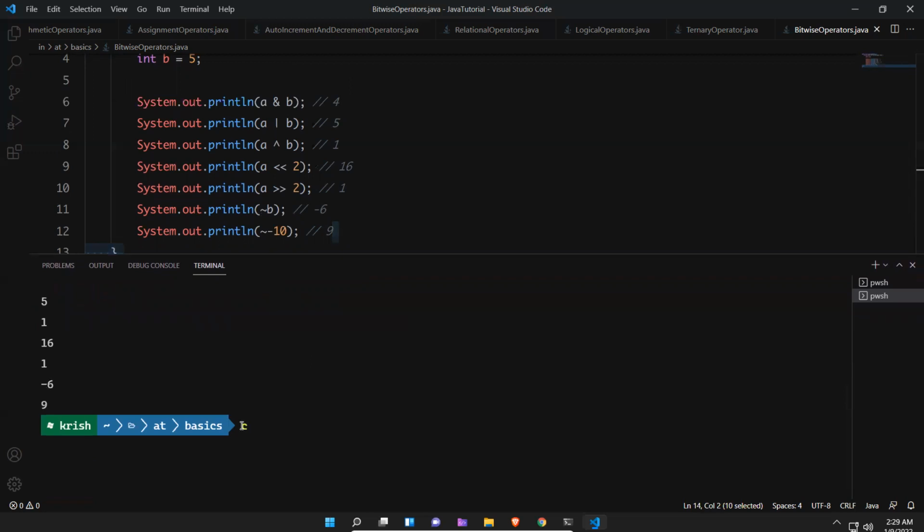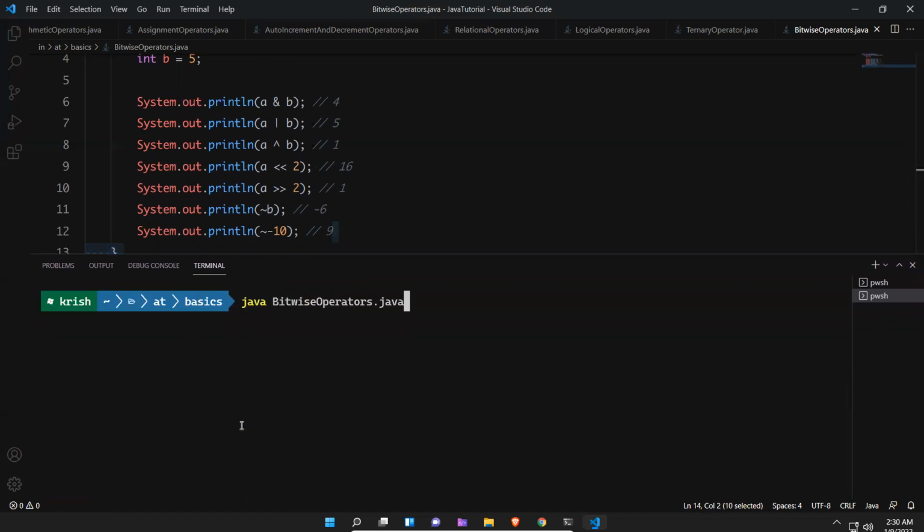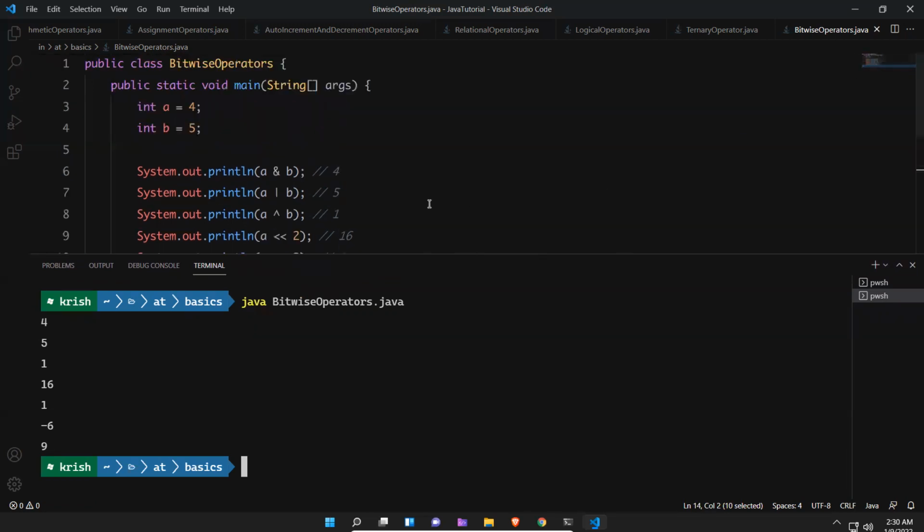Let me rerun this, it's not showing fully. You see the first one is 4, the second one is 5, then 1, 16, then 1, -6, +9. Right. This is how you calculate these values with the help of bitwise operators.